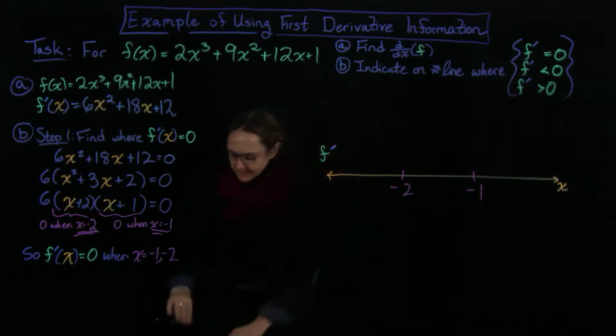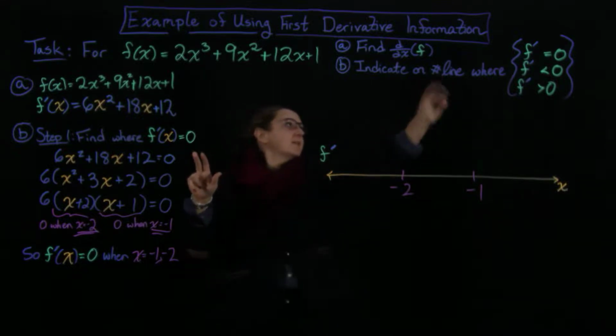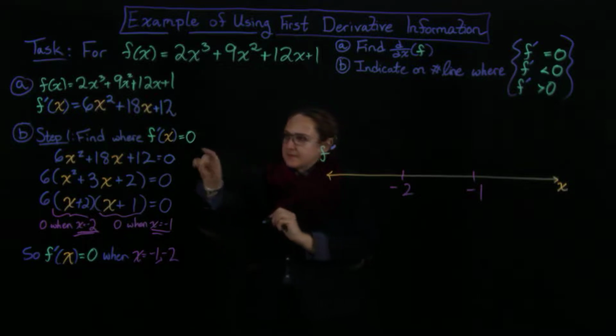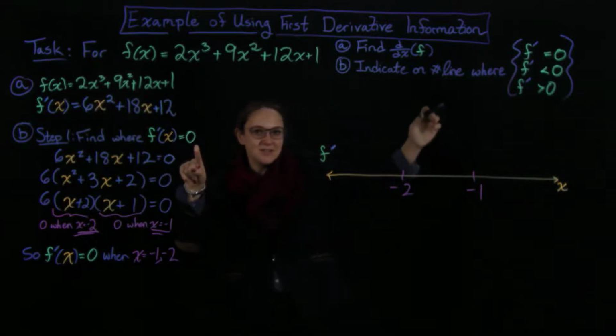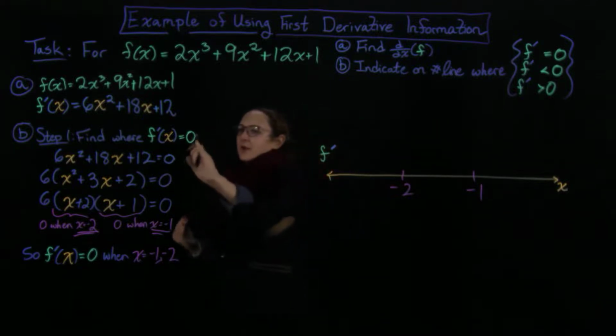So why did I actually do this? I didn't really emphasize that, but let's do that now. One, I'm dividing it up here, but these are also the only places where I can switch sign between positive and negative. These are also going to be the only critical numbers because this is a polynomial.